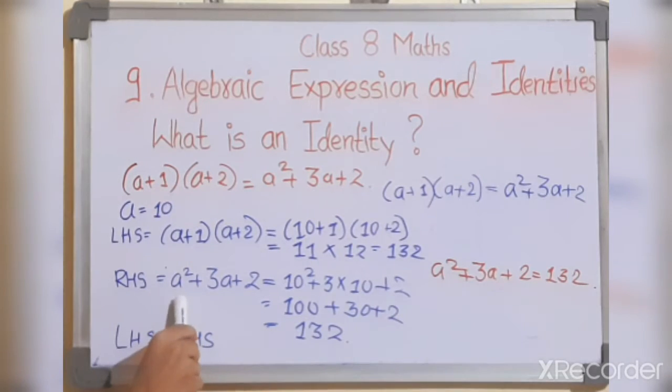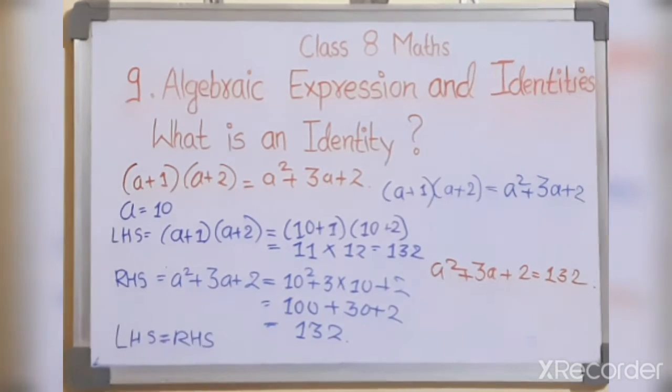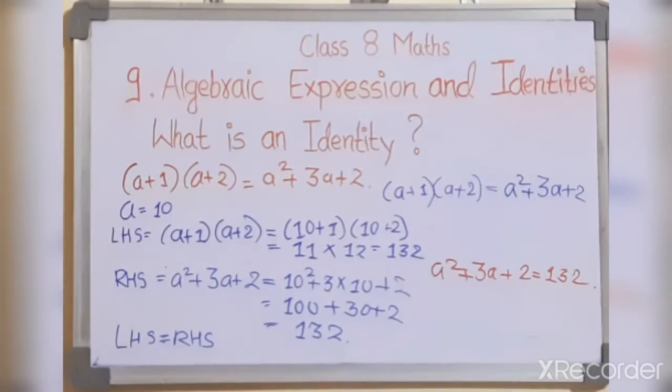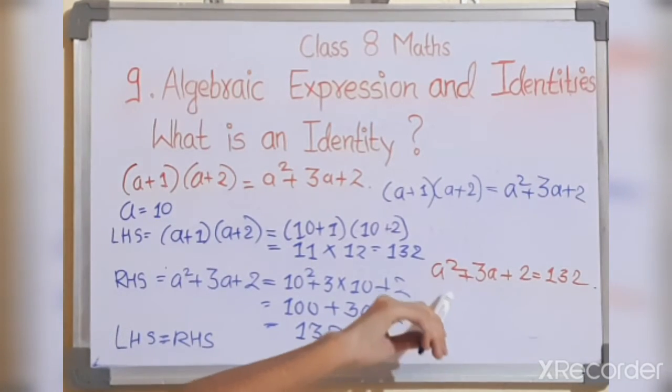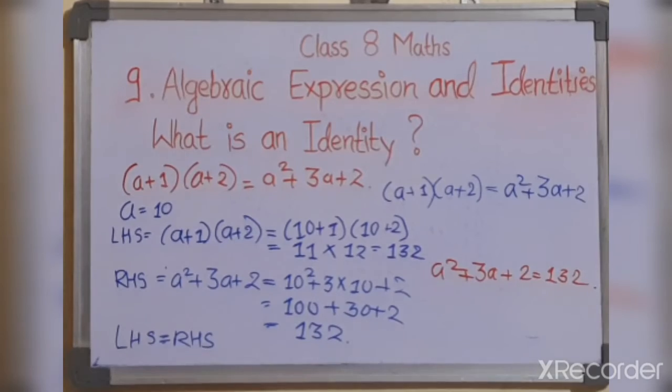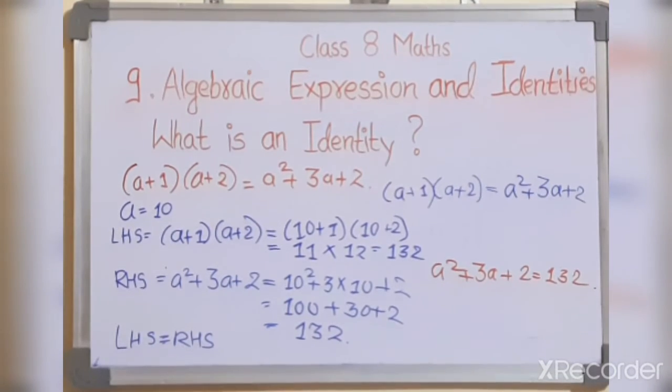If we take the value of a as 10, then this is true. But it is not true for a equal to minus 5 or a equal to 0. Suppose we take a equal to 0, then it is not going to be true. So this is what happens with the equation. But for an equality that is true for every value of the variable in it, we call it an identity.